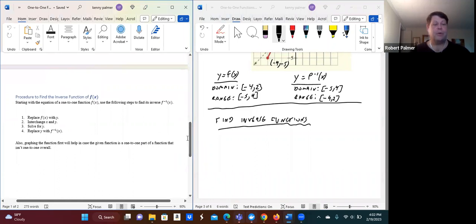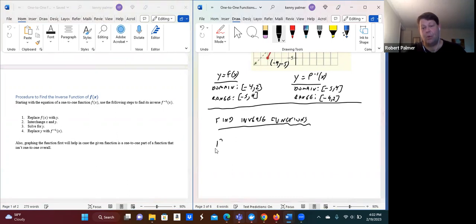It says, starting with the equation of a one-to-one function, so first make sure it's one-to-one. We can graph it and find out. Use the following steps to find the inverse of f of x. Let's go ahead and start with our first example and we'll go through the procedure. Give me a moment, let me get to the examples I want to do.